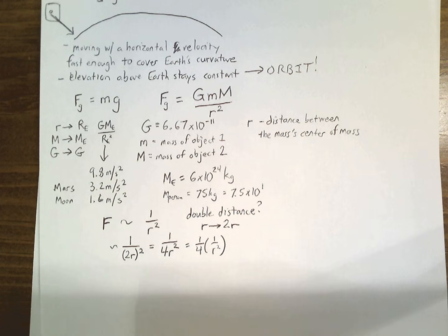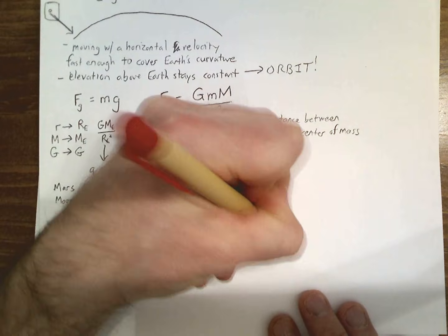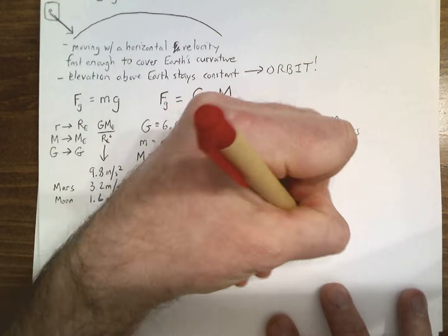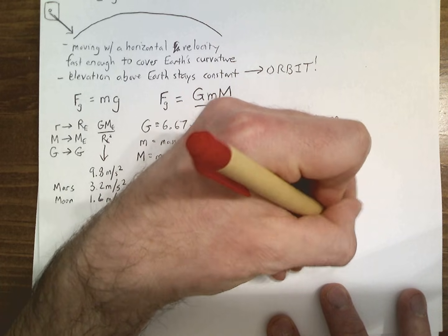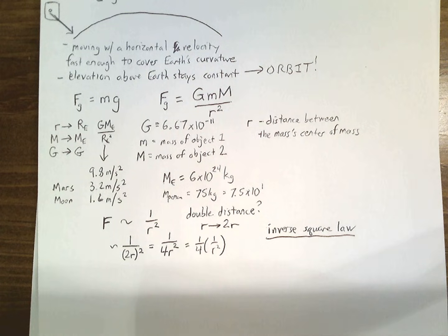That square matters. Whatever I do to r, the square is going to happen to the force, and it's going to happen in the opposite way because the r is in the denominator. So this is what we call an inverse square law. It appears a lot in physics. You'll see it again in electrostatics.